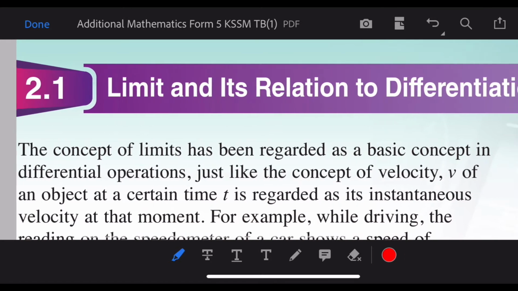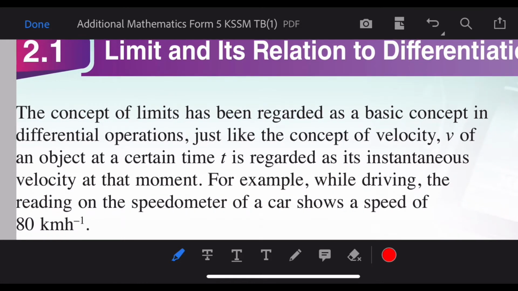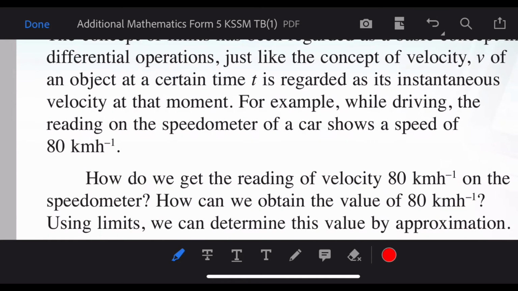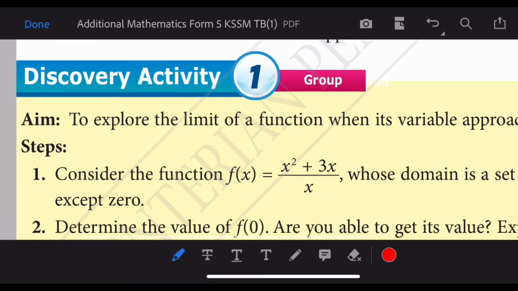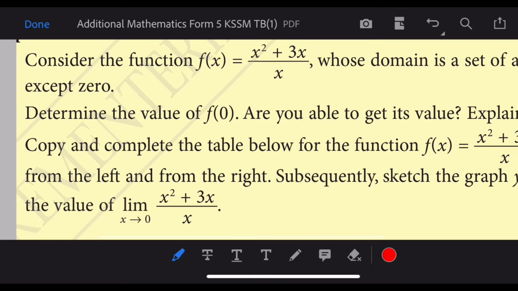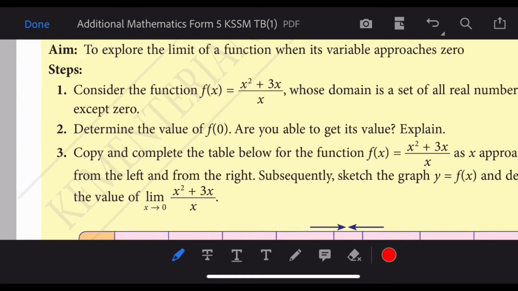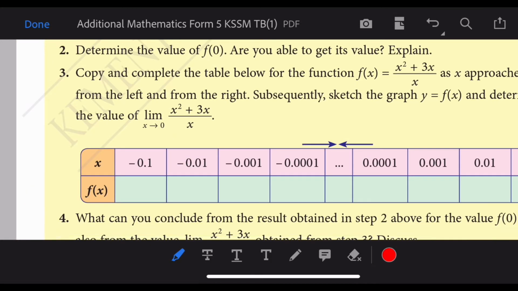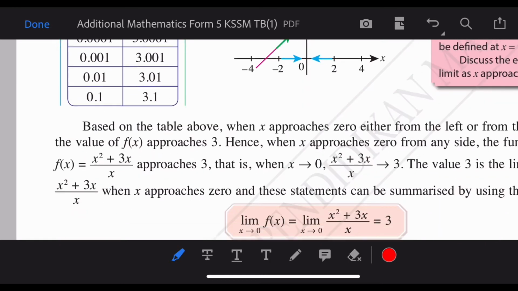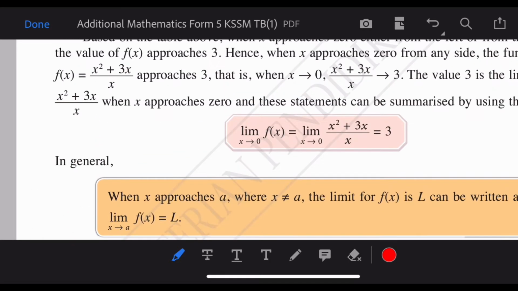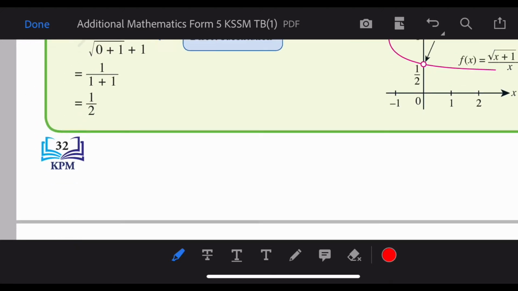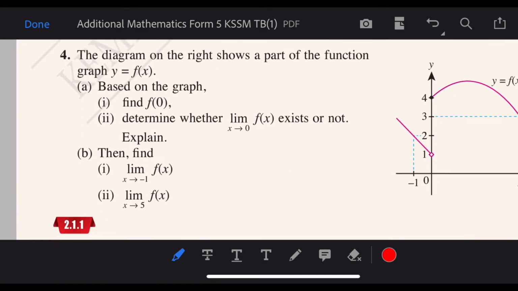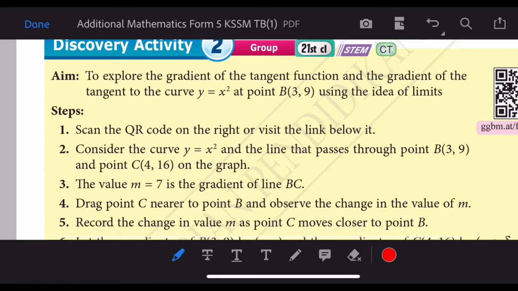Now, limit and its relation to differentiation. For limit, I will create a separate video to discuss it, because limit is quite time-consuming. So I will discuss limit in another video. Today I want to focus on the basic skills of differentiation.